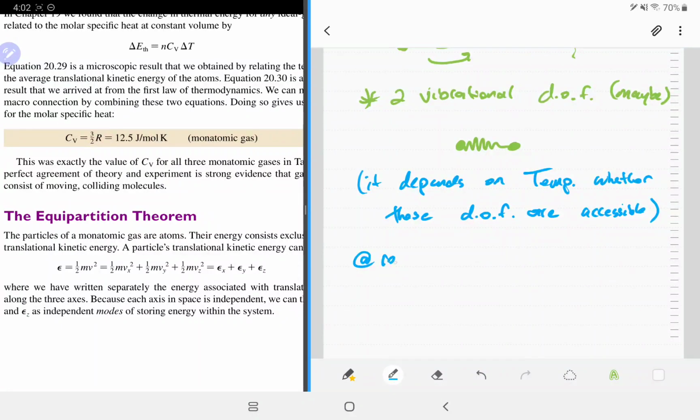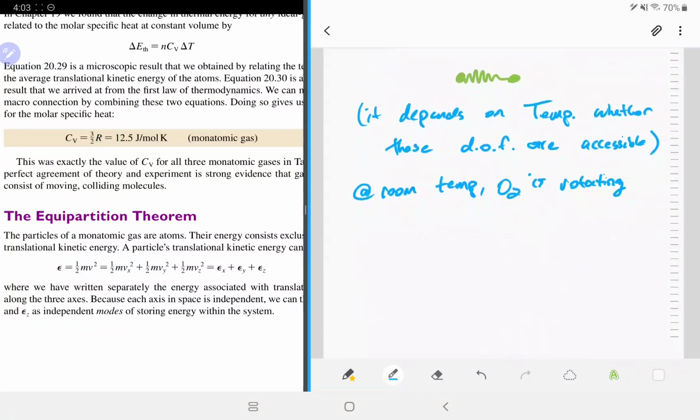And in general, at room temperature, diatomic molecules are rotating but not vibrating. So at room temperature, O2 is rotating. In its collisions with nearest neighbors, that's enough energy to get it to rotate. So it can store energy in the rotation, but it's not vibrating.